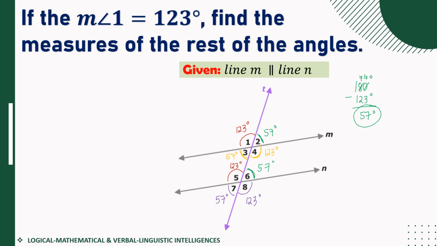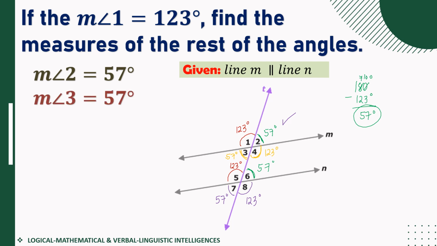Now let's proceed, let's list down. So measure of angle 1, or measure of angle 2 I mean, is 57 degrees. It's correct. Next, measure of angle 3, it is 57 degrees as well. It's correct. Measure of angle 4 is 123 degrees. It's correct.